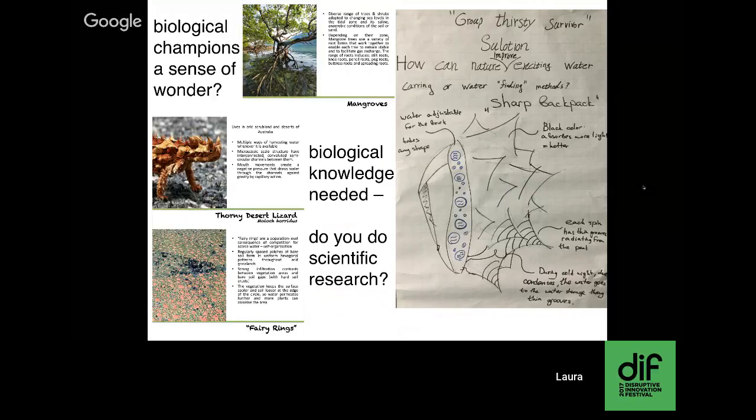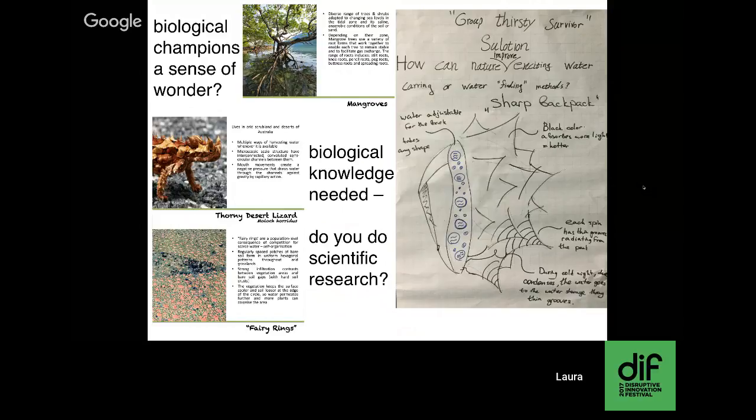And it was a really great help to have some in-depth research about a lot of different organisms that deal with water challenges. So how does the mangrove deal with water challenges? How does it filter water? How does it gather its nutrients? And the thorny desert lizard, how does it get the water that condenses on its body to its mouth?